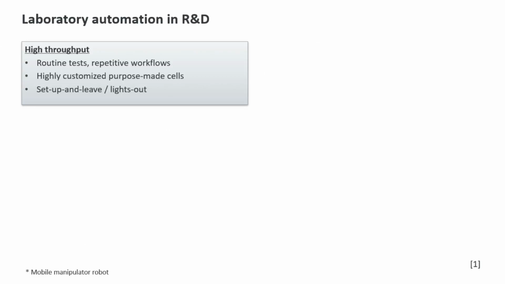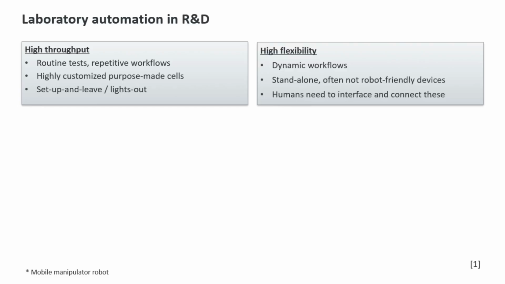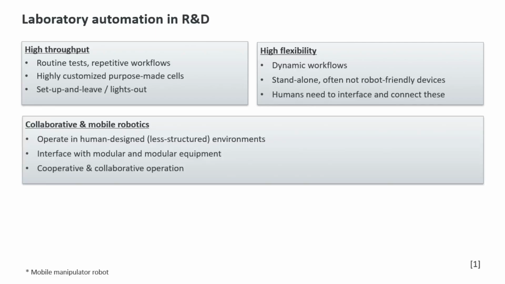Laboratory automation poses a bit different requirements than traditional high-throughput automation. There we have a more dynamic environment. We have modular processes and we need flexibility. We have to connect standalone unit operations, standalone devices, and humans often need to be kept in the loop.